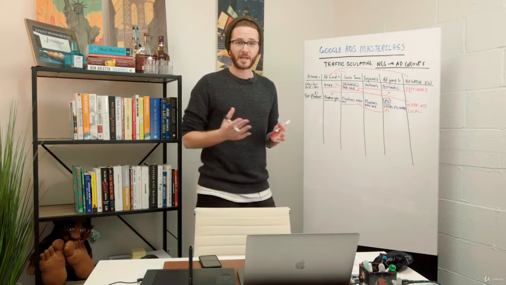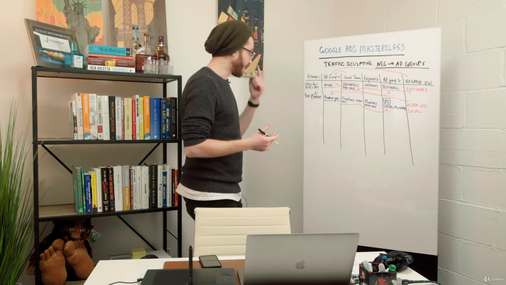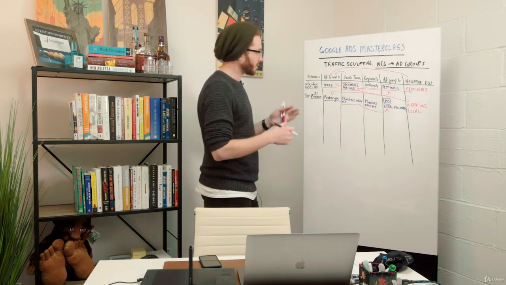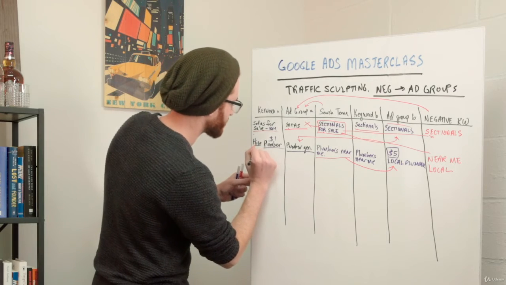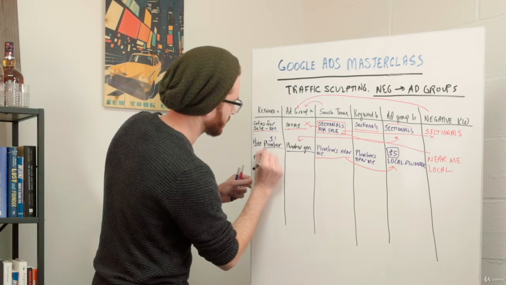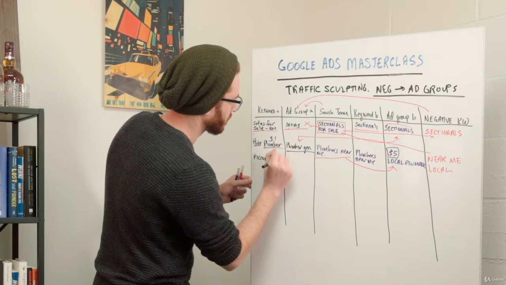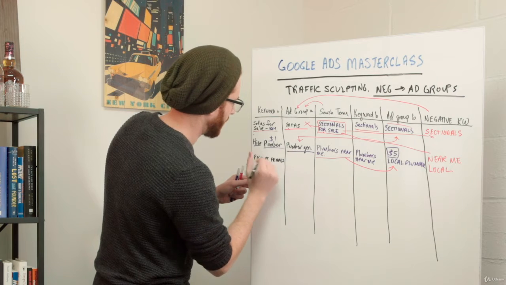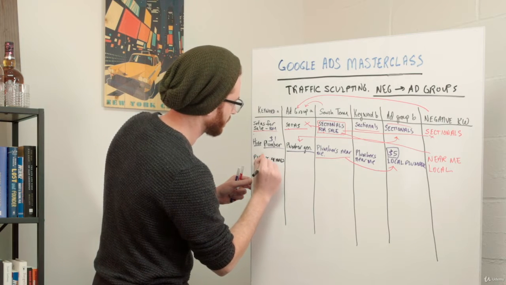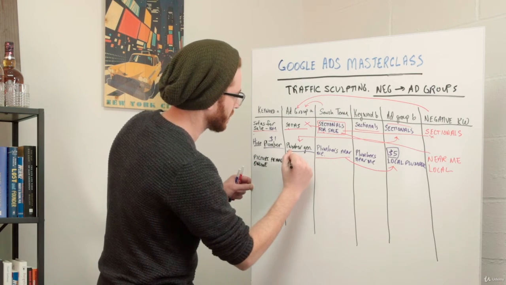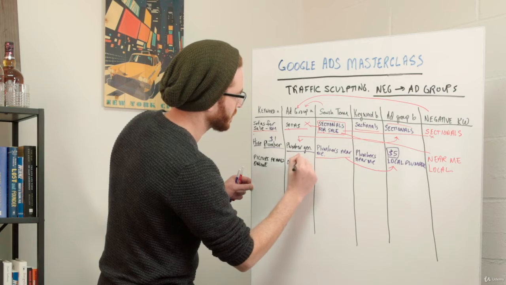Let's take a look at another product-based example, and this is an example that actually came up. So say I have a keyword, picture frames online. Okay, that's the keyword. Ad group is online picture frames.